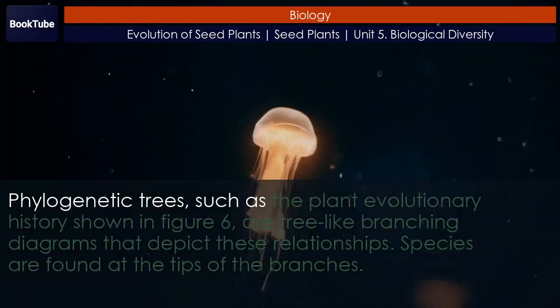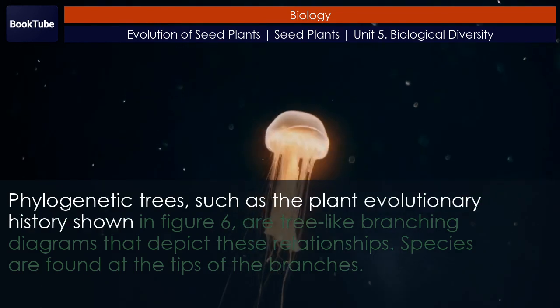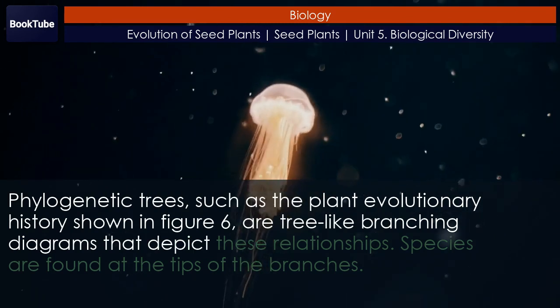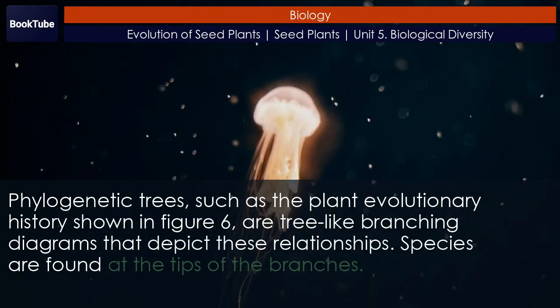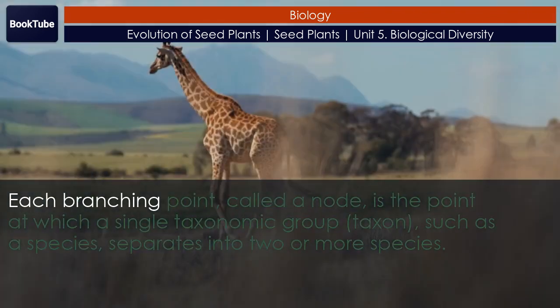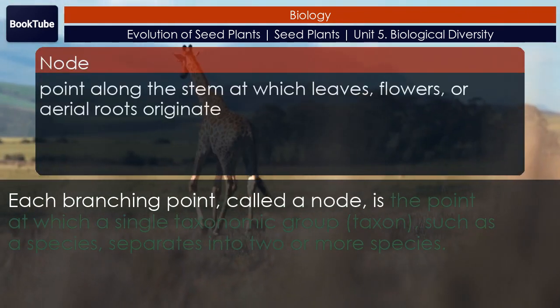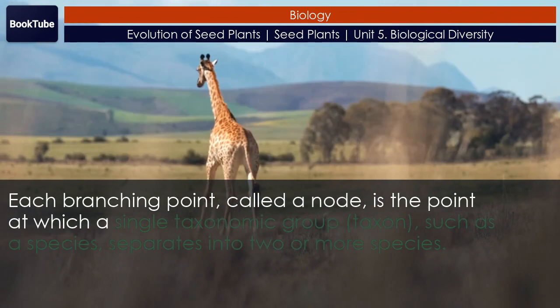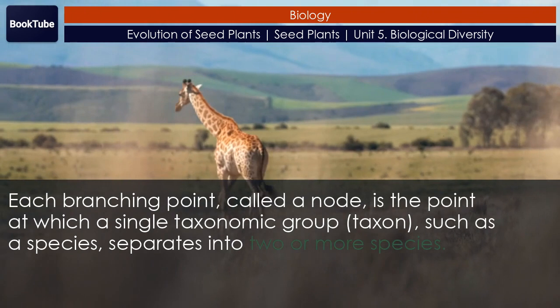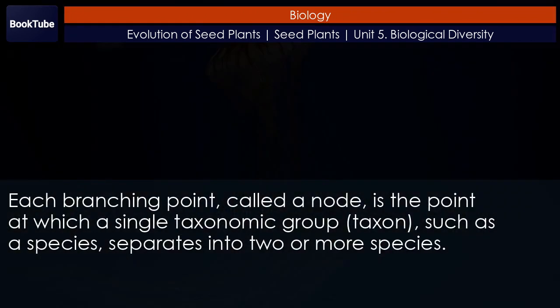Phylogenetic trees, such as the plant evolutionary history shown in Figure 6, are tree-like branching diagrams that depict these relationships. Species are found at the tips of the branches. Each branching point, called a node, is the point at which a single taxonomic group, or taxon, such as a species, separates into two or more species.